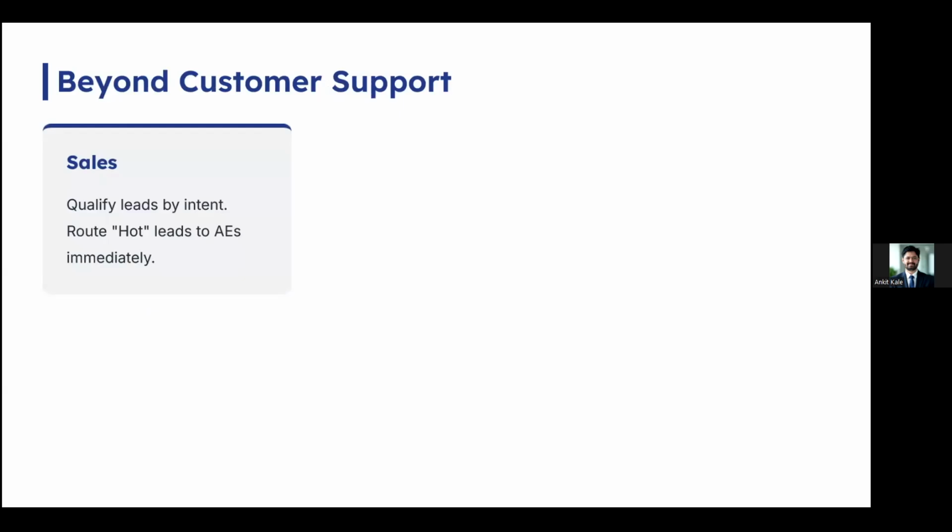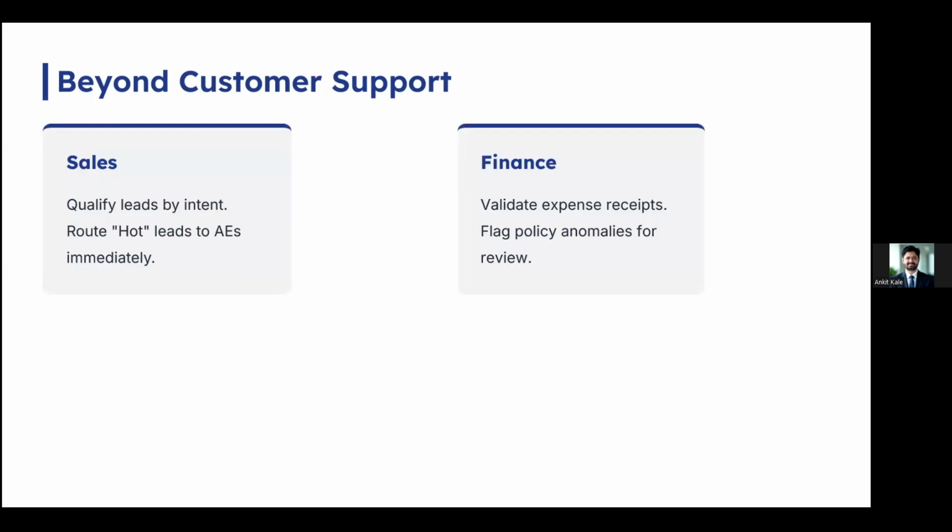Then beyond customer support, we can implement this kind of automation in, let's say, sales for qualifying leads. If the leads are hot, then they can be automatically and quickly routed. Then we can also have it in finance, to validate expense receipts, and if there are any anomalies, we can flag them immediately for review.